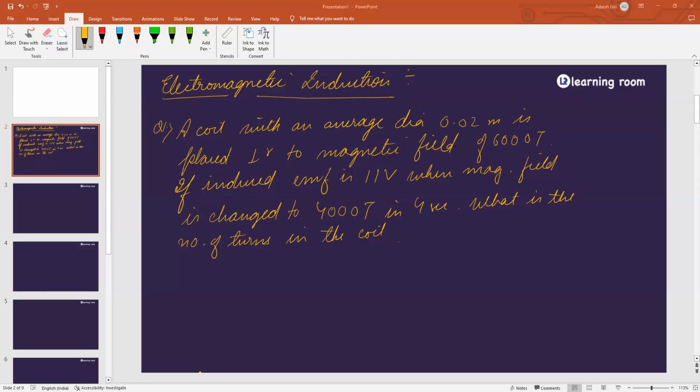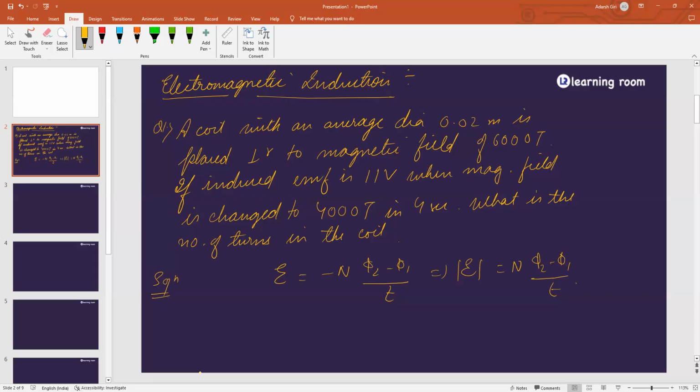Yes, sir. All right. See here. So basically, what you have to do here, we know that the EMF produced is the rate of change of flux. So we can write it as minus n times phi 2 minus phi 1 upon t, right? If we just talk about the value of EMF, that is the mod value, so we can neglect that negative sign. It is n times phi 2 minus phi 1 upon t.